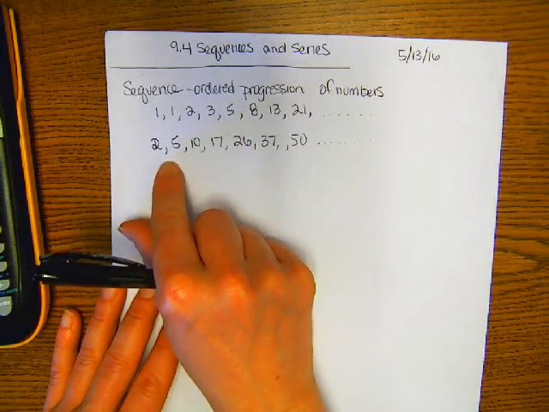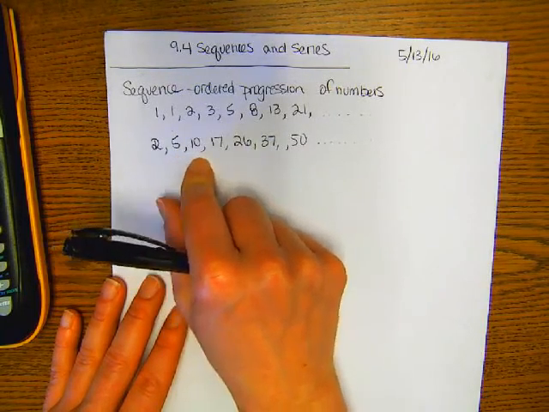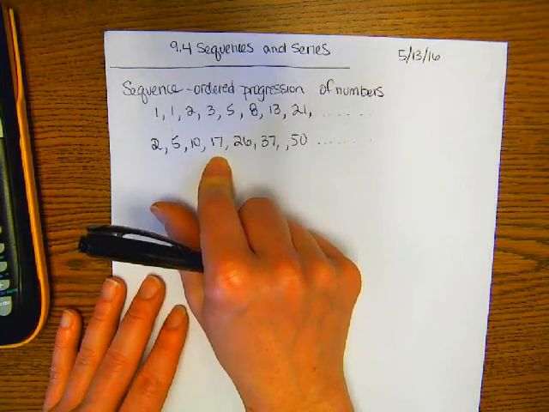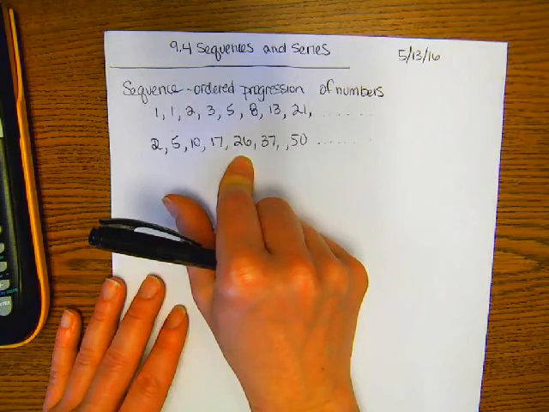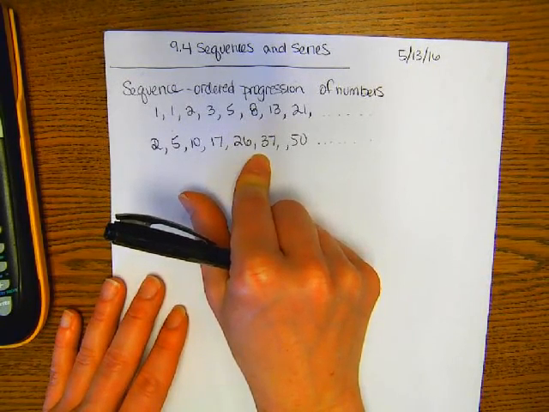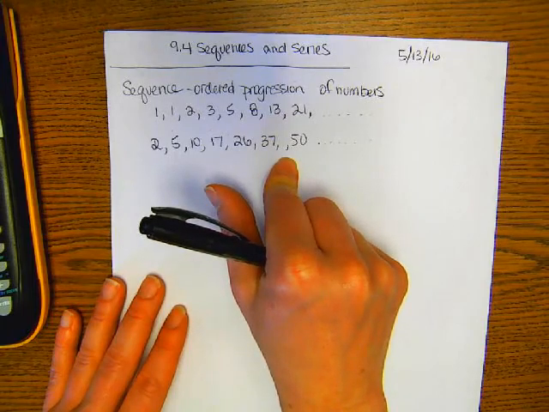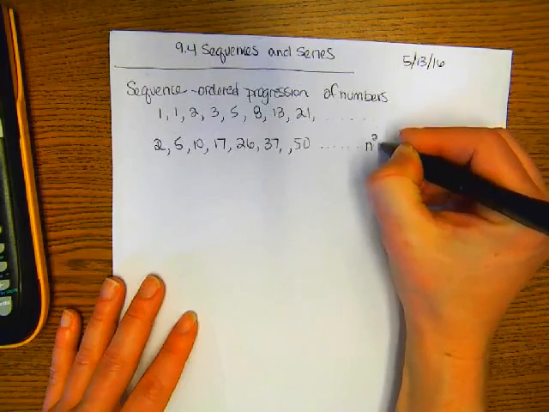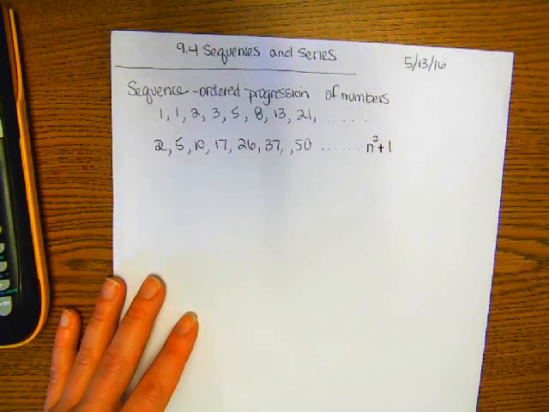What's 2 squared? What's 3 squared? What's 4 squared? What's 5 squared? What's 6 squared? What's 7 squared? So in general, isn't the nth term n squared plus 1? I was squaring the terms and adding 1.